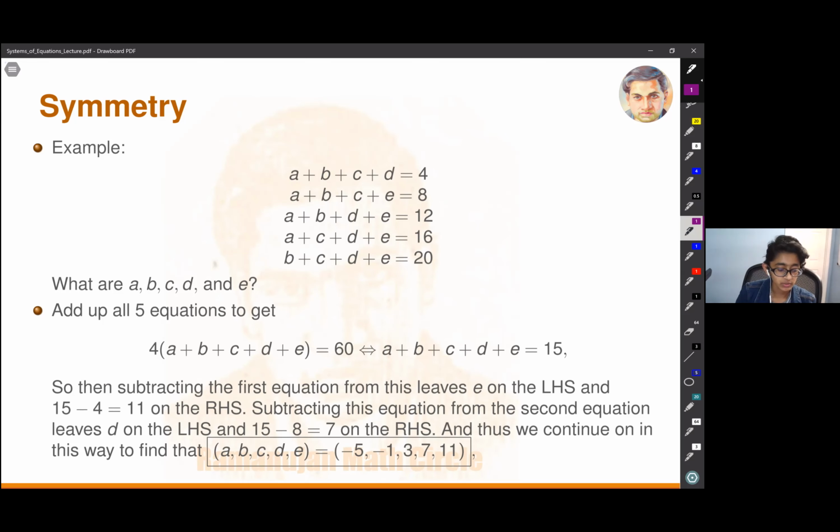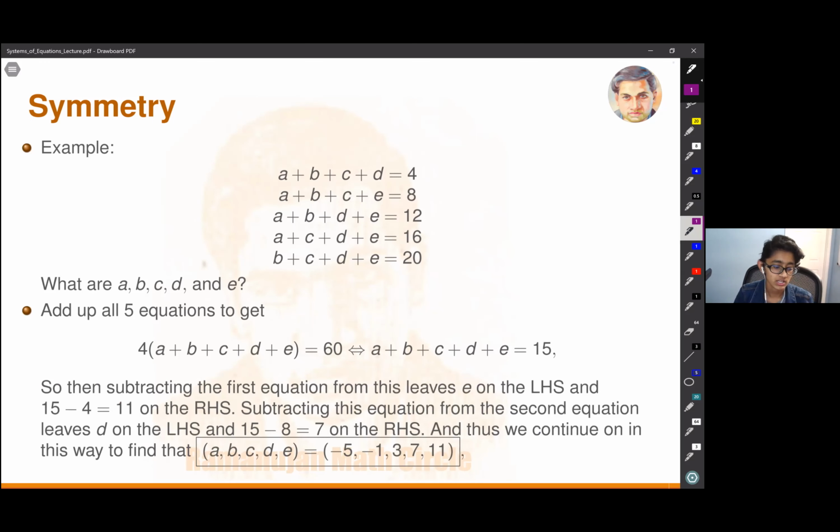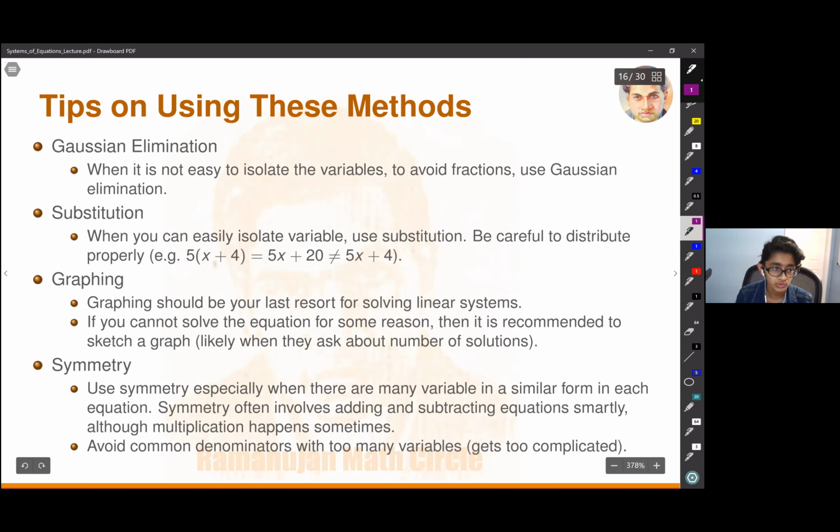Okay, so now let's go a little bit into a sort of tip area on how to use the methods that we discussed. Gaussian elimination, like I said, when you're trying to avoid fractions, use Gaussian elimination. Sometimes it's not easy to isolate variables.